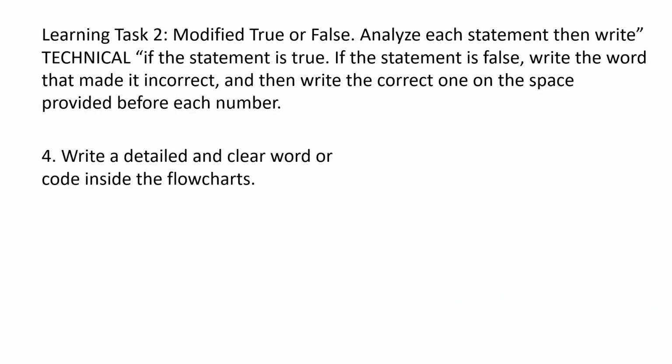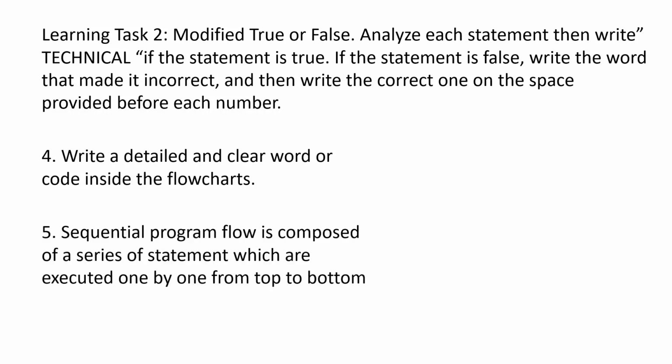Number 4, write a detailed and clear word or code inside the flowcharts. Number 5, sequential program flow is composed of a series of statements which are executed one by one from top to bottom.